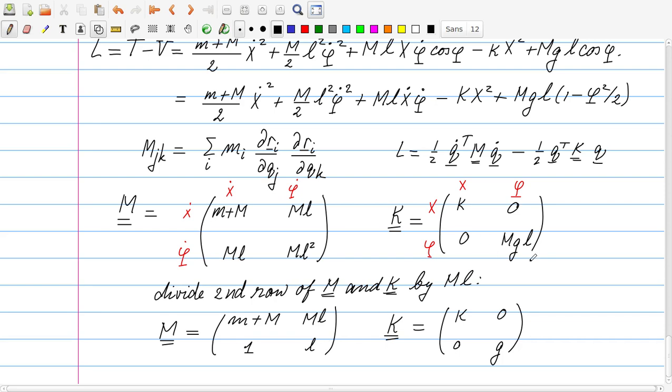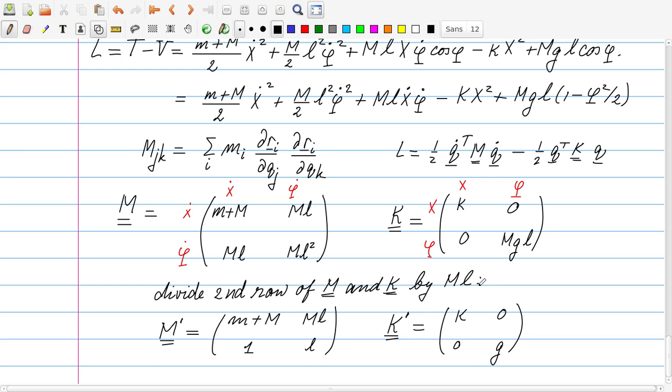And if you have paid attention in the previous movie, in which I analyzed this model without this formal expansion of the L in terms of matrices, you should recognize that there I had exactly the same form of M, and exactly the same form of K, and I will give them a prime in order to distinguish them from these versions. So you can always multiply the rows of both matrices by a particular constant.